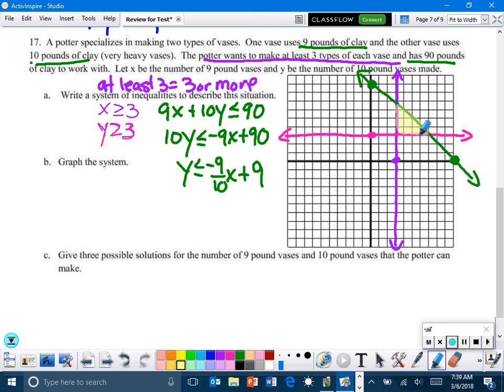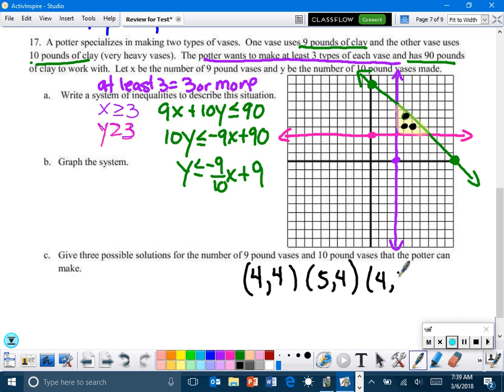Okay, so it says give 3 solutions. Well, I'm just going to pick, whoops, let me get back to my pen. I'm going to pick this 1, 2, 3. I'm just going to use those 3. So that'd be 1, 2, 3. So 4, 5, 4, 4, 5.